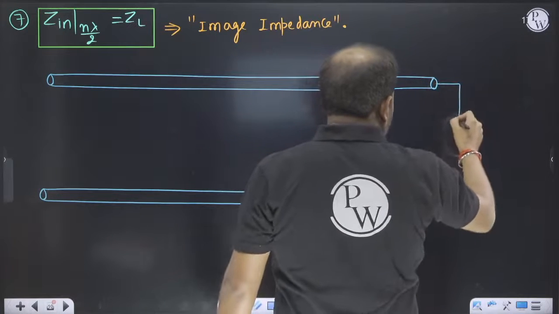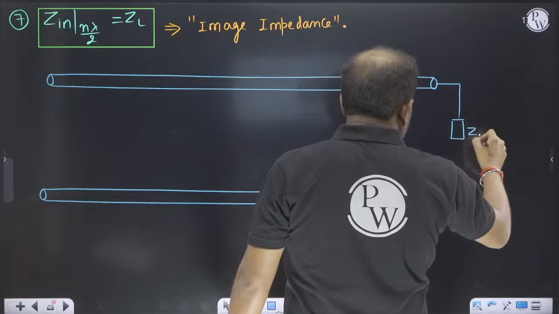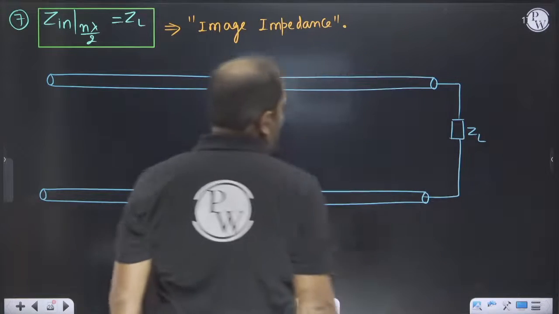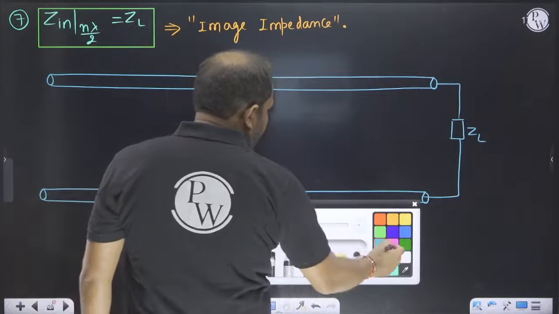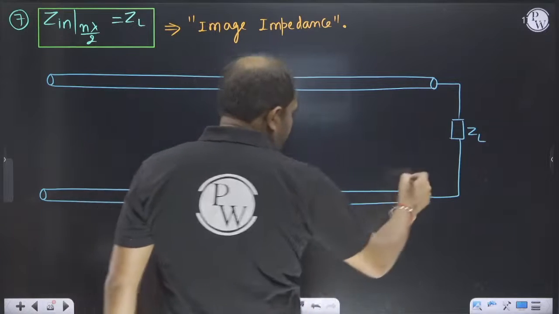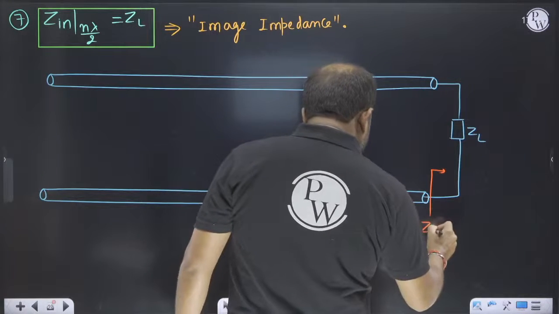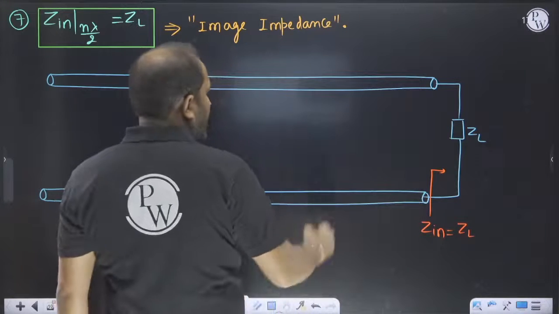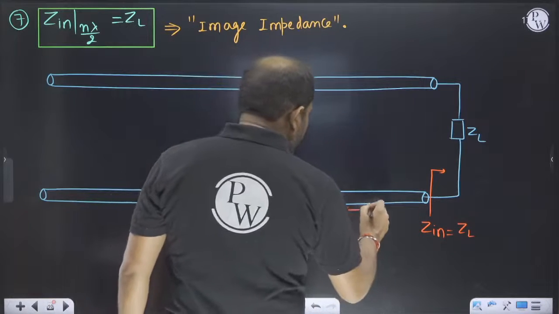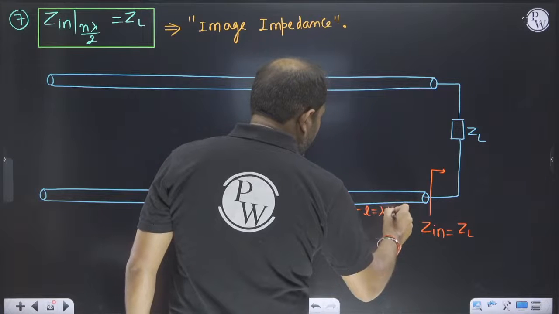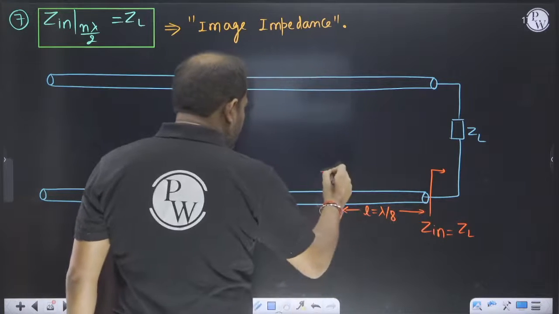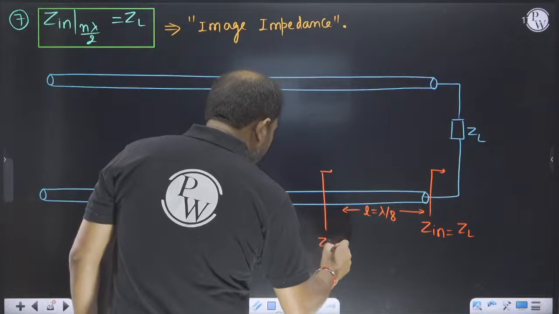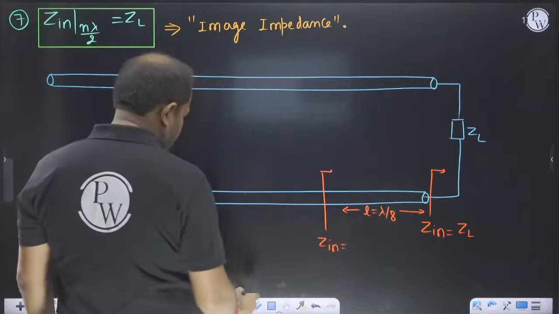So here is our load impedance ZL. If I ask what the input impedance is here, you will say it is equal to ZL. If I ask at length lambda by 8, what will be the input impedance? Zin will be changed.